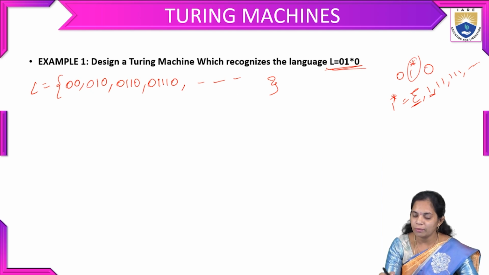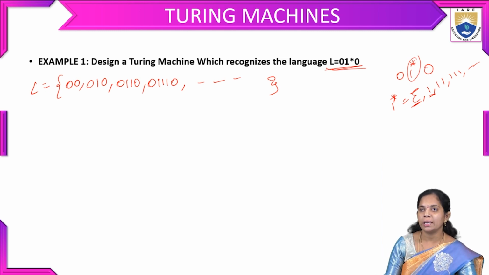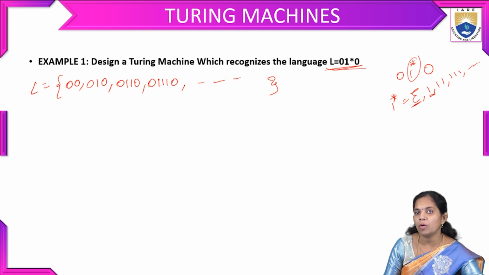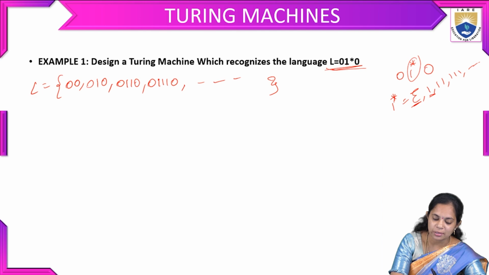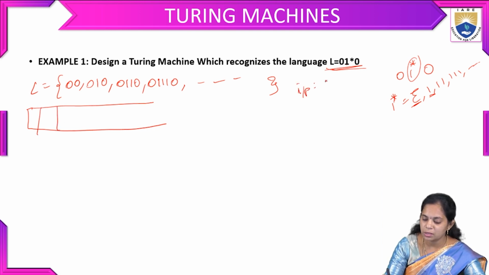As the first step, we take one input string, follow one algorithm, and do the left or right moves in the transitions of the Turing machine. So we will take one tape. It consists of the input string 0, 1, 1, 1, 0.